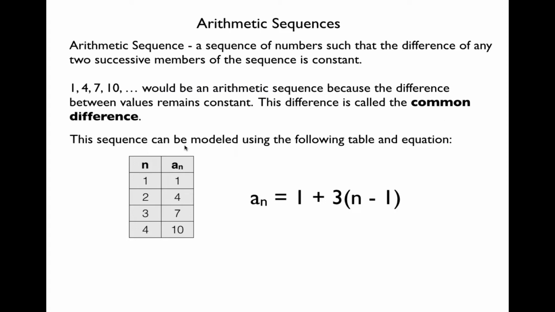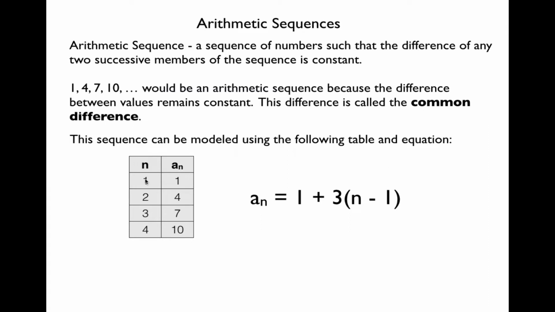Now, this sequence can be modeled using the following table and equation. Our inputs are going to be called n, which represents the term number, or where that term appears in the sequence, and a sub n is going to be our output, or the nth term. And I'll explain what that means. So the first term in our sequence is going to be 1.